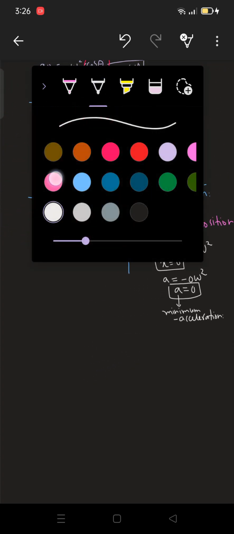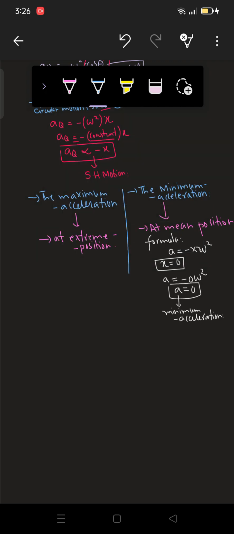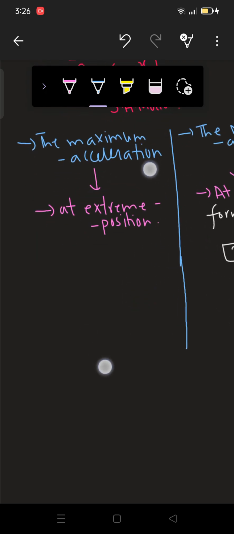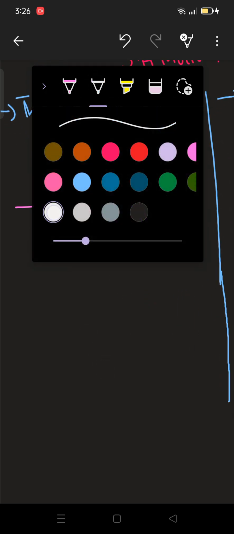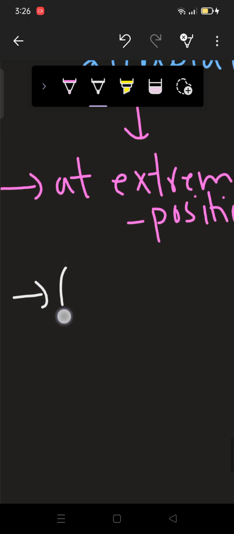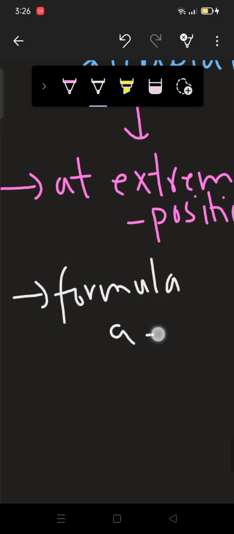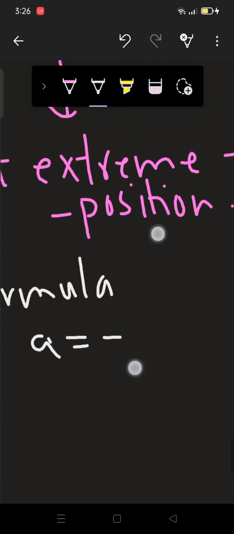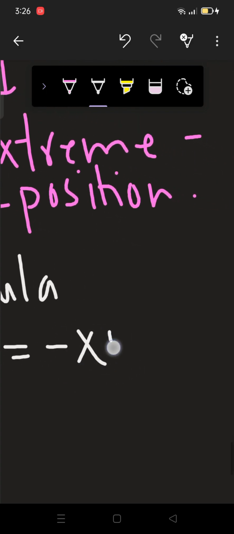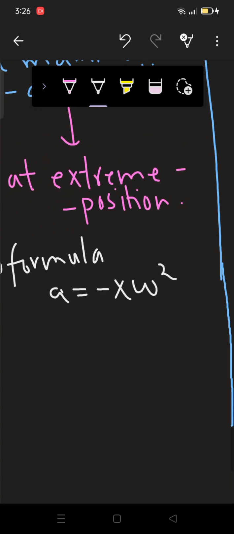Now let's do the same for the maximum displacement. Let's write the formula for it first. The formula for finding the acceleration is what? A is equal to minus x omega square.